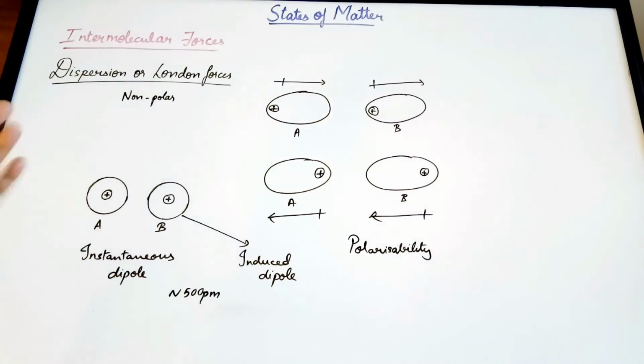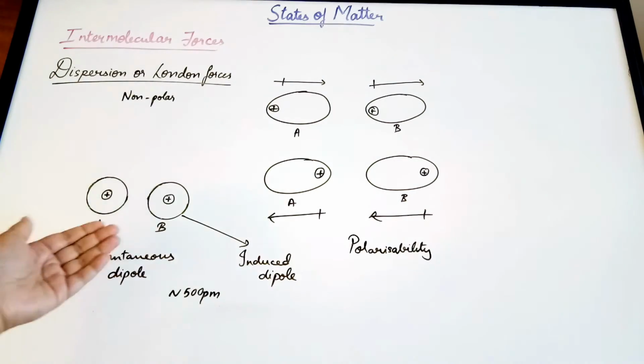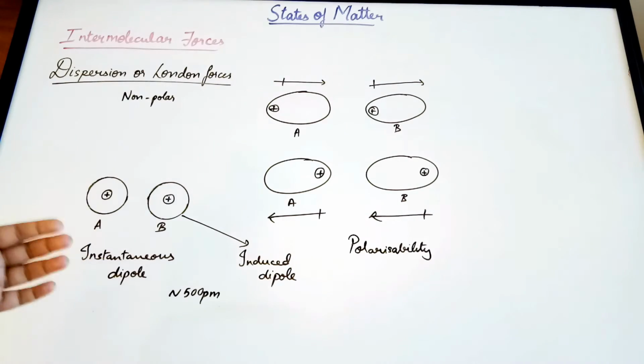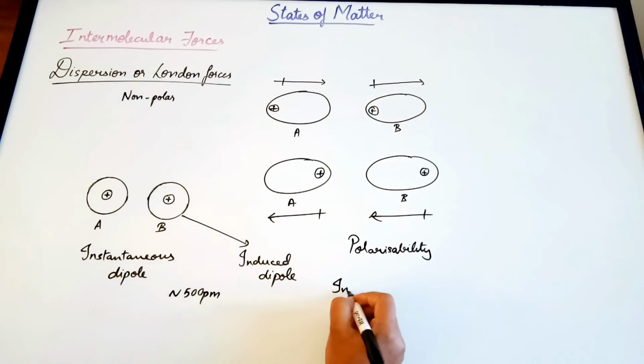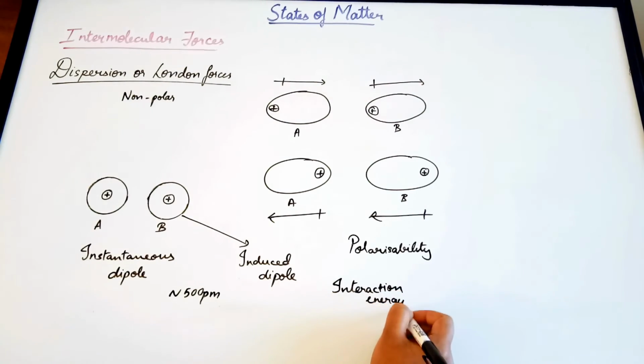Now the same kind of scenario can occur here; we said A and B are two different atoms, but it can be between two nonpolar molecules as well. The forces are always attractive, and also one more important thing, the interaction energy is inversely proportional to the distance to the power 6.